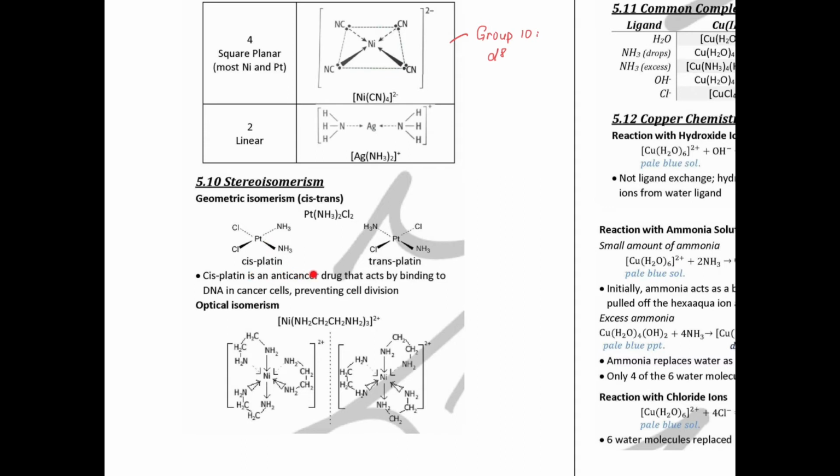Cisplatin is an anti-cancer drug that acts by binding to DNA in cancer cells, preventing cell division. How about transplatin? Transplatin is not an anti-cancer drug. You see the structure changed a little bit only, but this one is not an anti-cancer drug, and this one, yes.